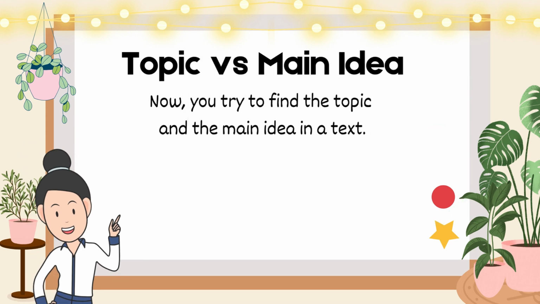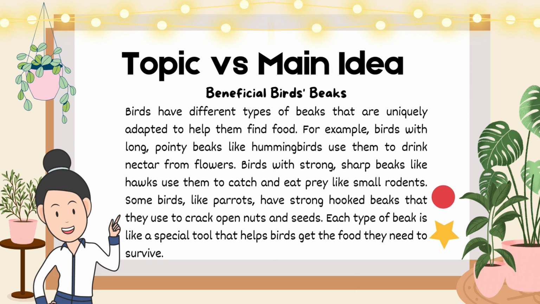Now it's your turn. Can you try to find the topic and main idea in a text? Take a look at this text. Beneficial birds' beaks. Birds have different types of beaks that are uniquely adapted to help them find food. For example, birds with long, pointy beaks, like hummingbirds, use them to drink nectar from flowers.